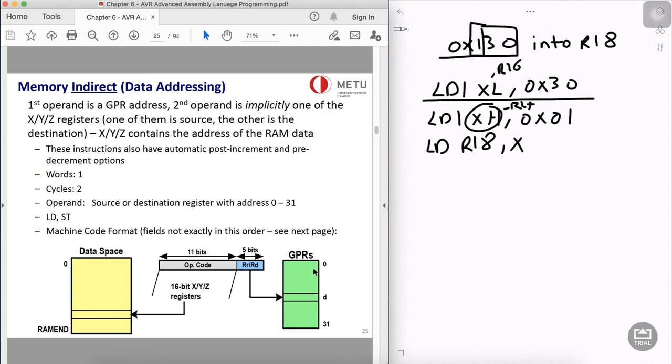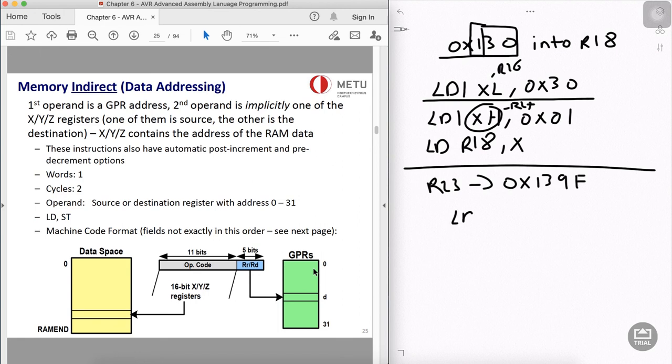We can give another example. Let's say we write a program that stores the contents of R23 into location hex 139F. Now in this case, for LDI, we can use any register if it doesn't specify one, so I'll use the Z register.